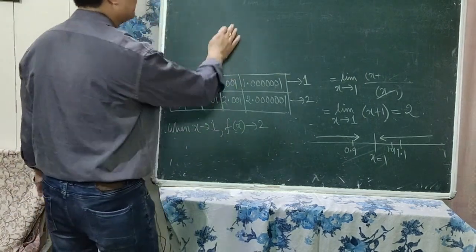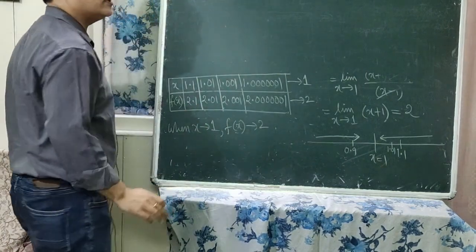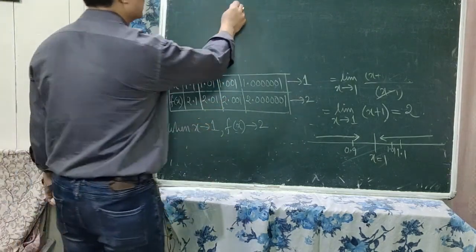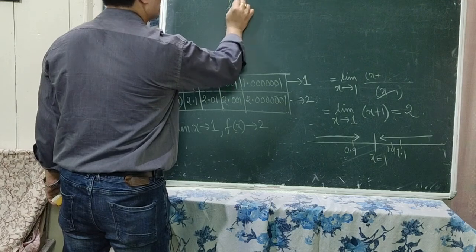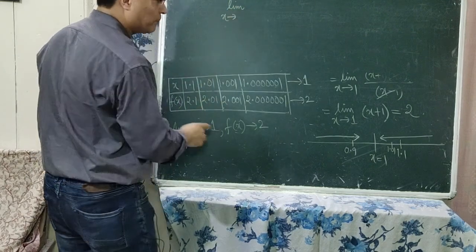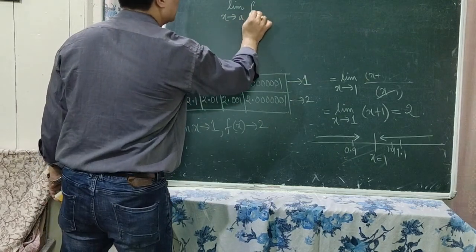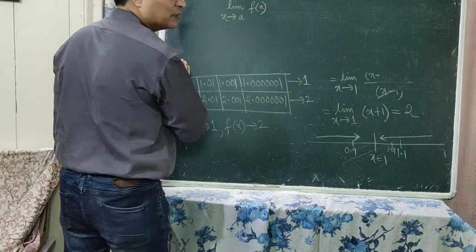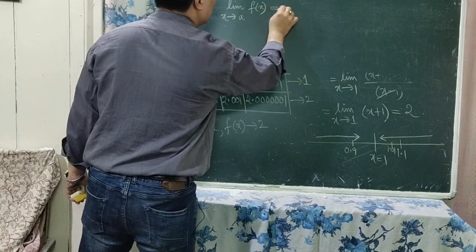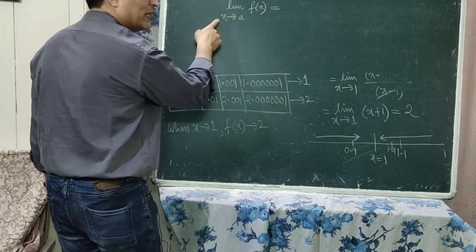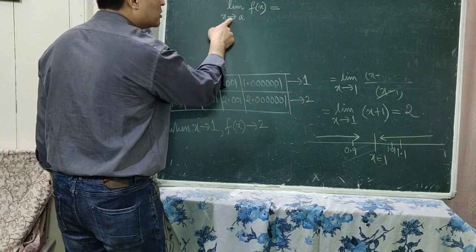Now the definition of limit. So how will you represent limit mathematically? That is limit x tends to, here it was written 1, so let us write a, then f of x is equal to the limiting value of the function f of x when x approaches towards a.